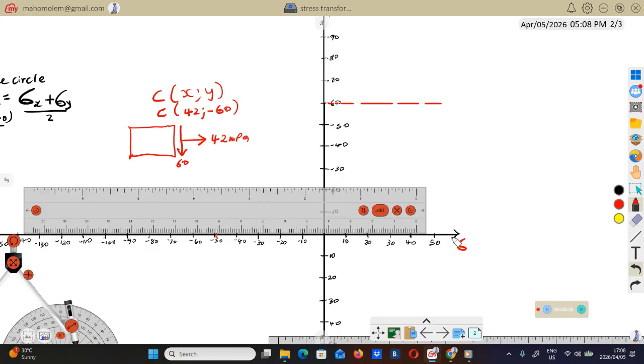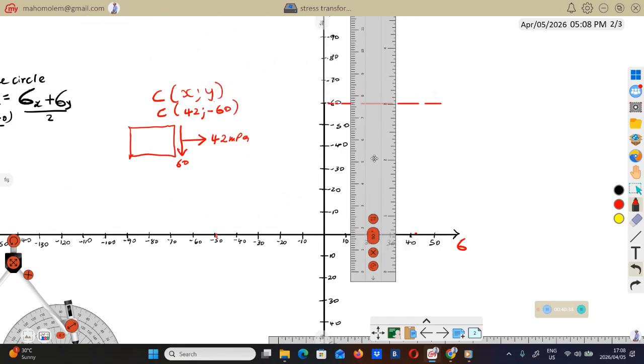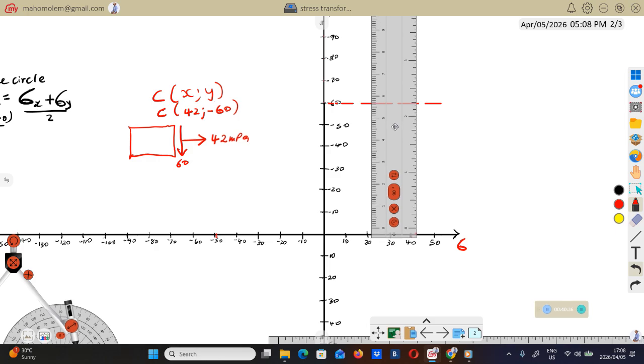Okay, 42, let's mark it here. Yeah, you can draw a construction line.